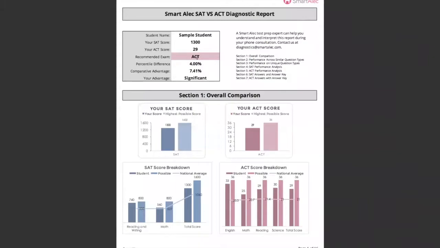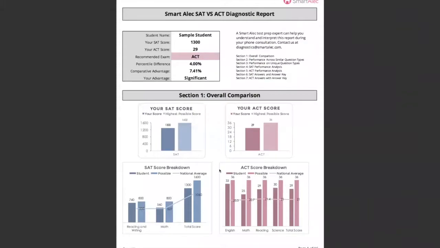One may be larger than the other, but as long as they're both in the same general direction, so positive, for instance, then you are pretty safe to say that the recommended exam is actually accurate. And there's a few different levels of advantage. We have slight, significant, and very significant. So here, this is kind of a middle example where a student has a significant advantage on the ACT.